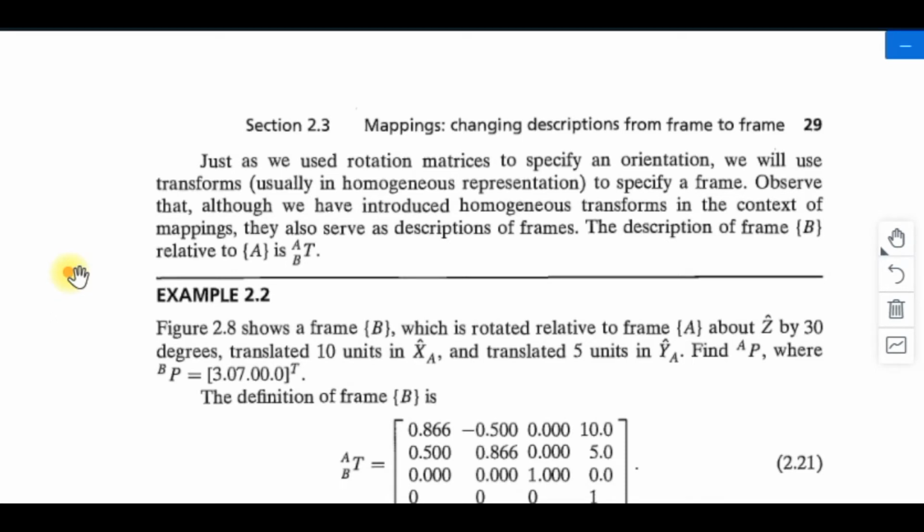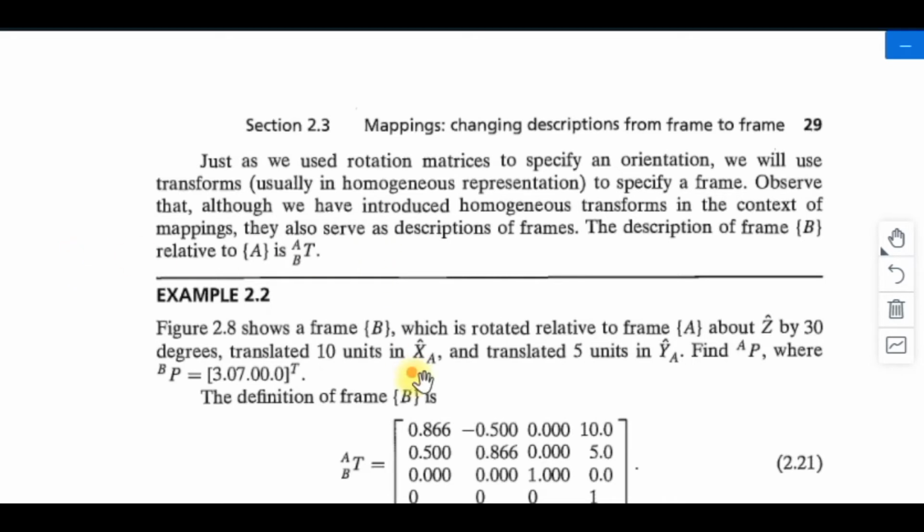Now we go through an example. You can easily implement this matrix transformation through MATLAB. In MATLAB there is a robotics toolbox, and under this robotics toolbox you can implement this.